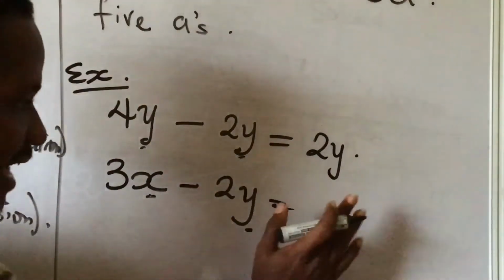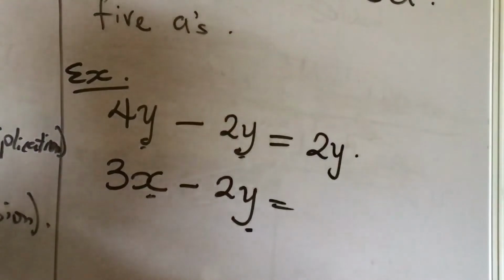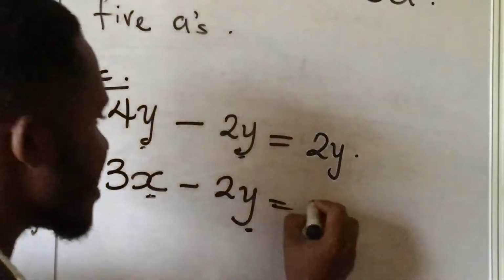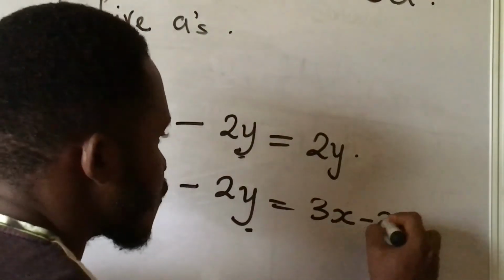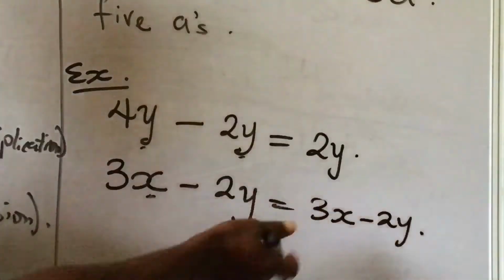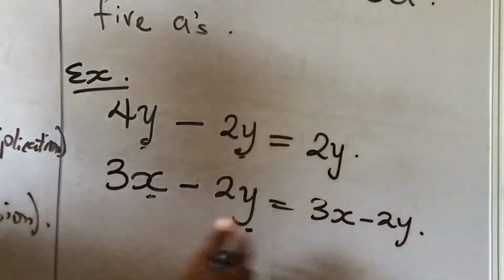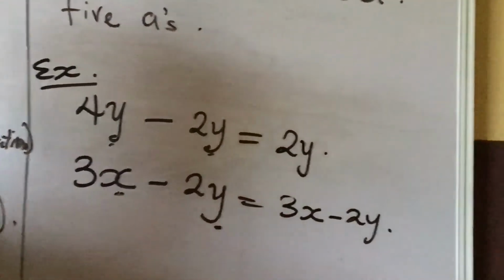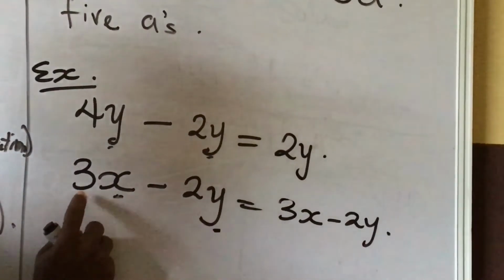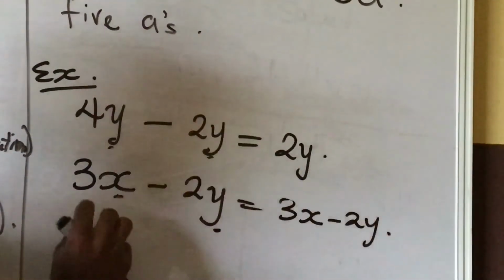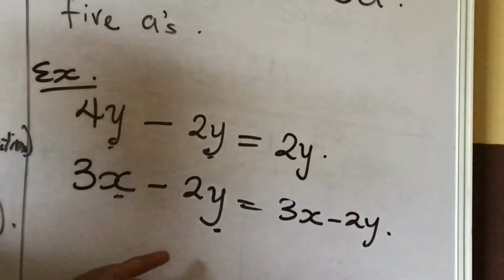The only thing I can do here is to leave the answer like this and say the answer will still be 3x minus 2y. There's nothing I can do to it. I can't change anything. The only thing I might be able to do is if the coefficients are factorizable.